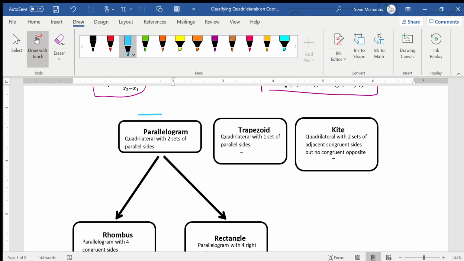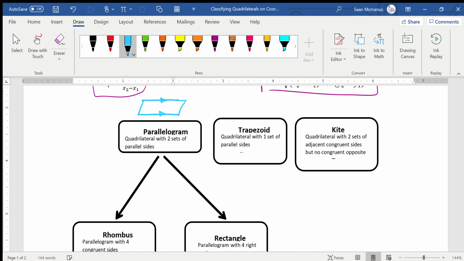I don't like to say top and bottom because I could orient this thing differently, but let's just say it has one set of opposite sides, top and bottom, and then a second pair like this, right? And we can show that lines or segments are parallel by putting an arrow on them.